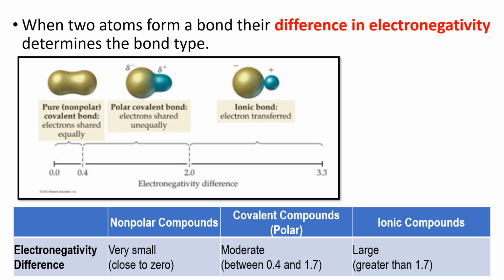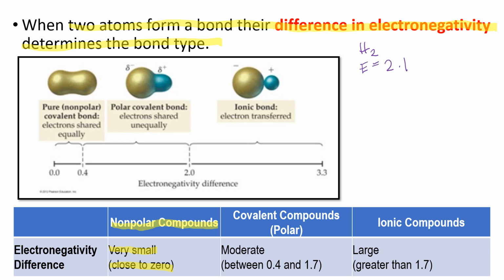Notice that each atom has electronegativity values, and so when two atoms form a bond, their difference in electronegativity determines the bond type. According to this table, you have a nonpolar covalent bond when the electronegativity difference is very small or close to zero. An example of this is your hydrogen molecule. For the hydrogen molecule, the electronegativity of hydrogen is 2.1.